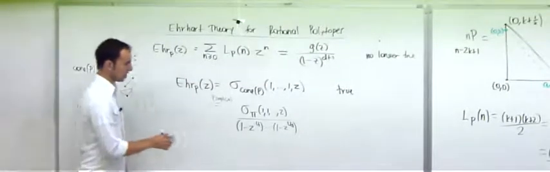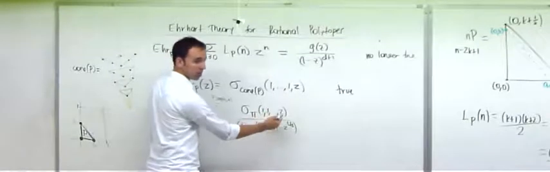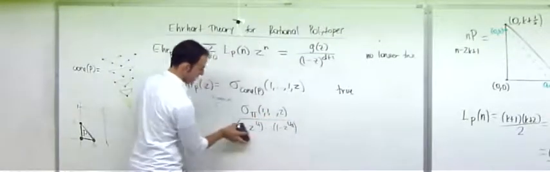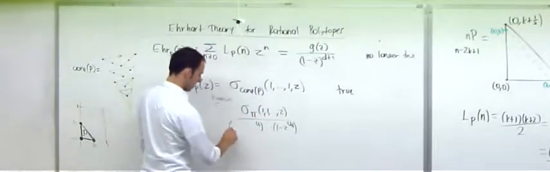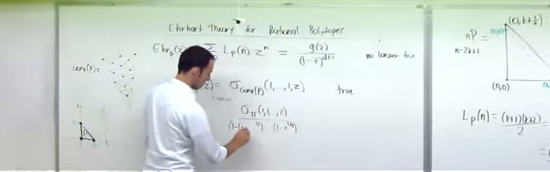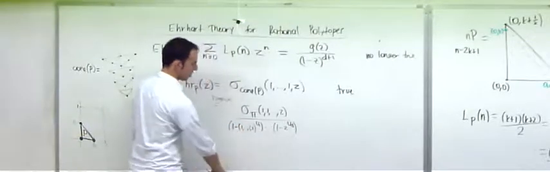But we're plugging in 1, 1, 1, 1 z. So actually, you should really be thinking of this as 1 minus taking the vector 1, 1, 1, 1 z and raising it to the u1.